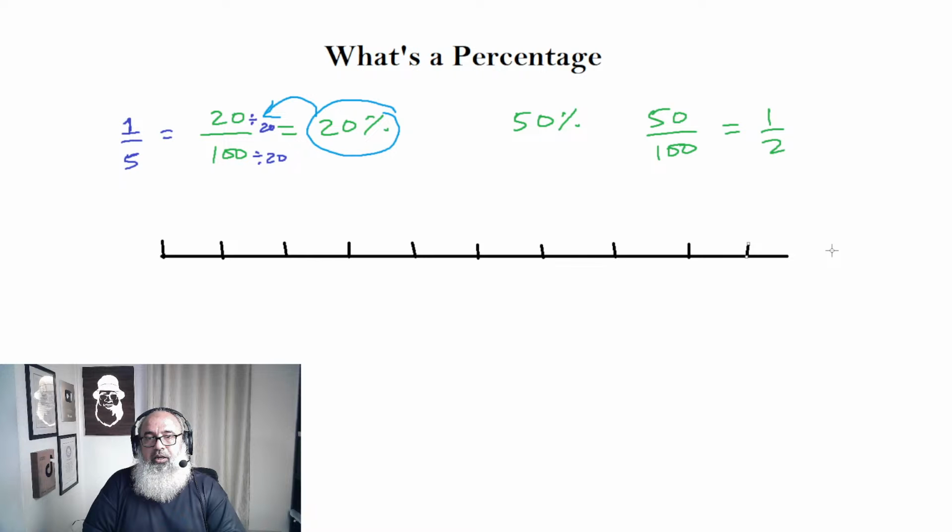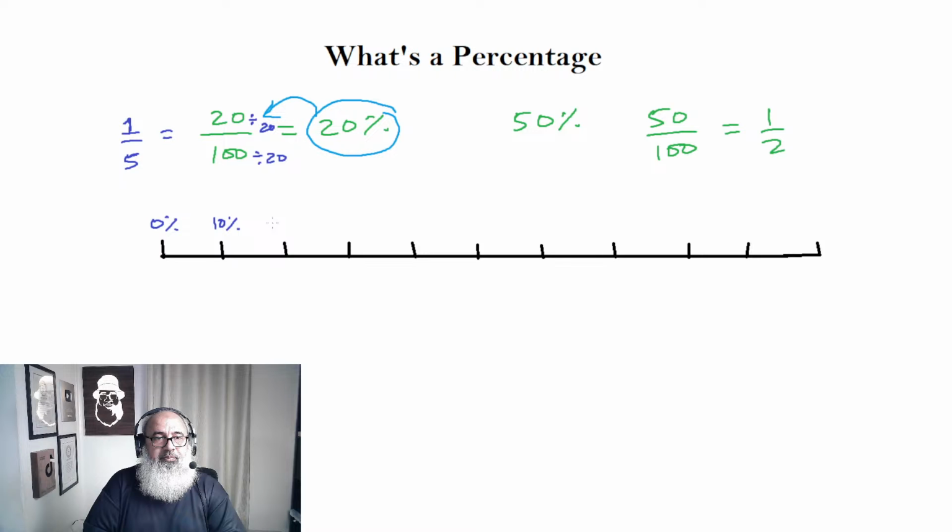Just consider it a straight line. So we have 0%, 10%, 20%, 30%, 40%, 50%, 60%, 70%, 80%, and this is 90% and 100%.